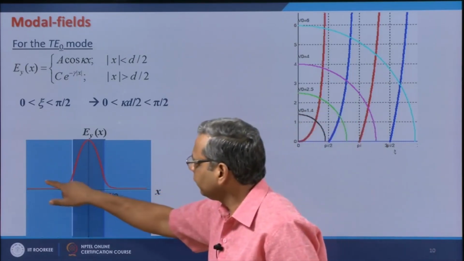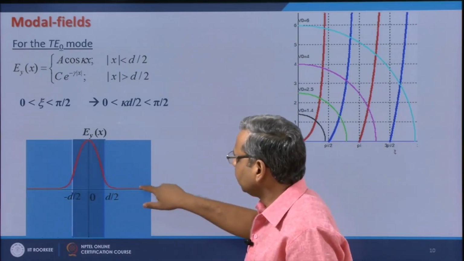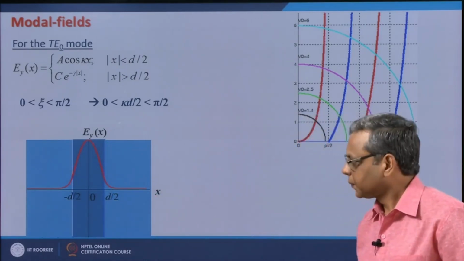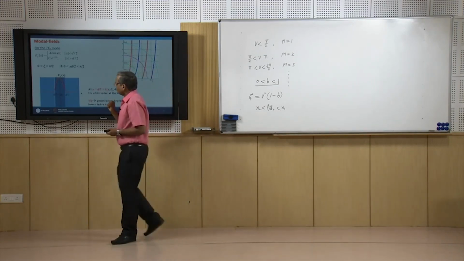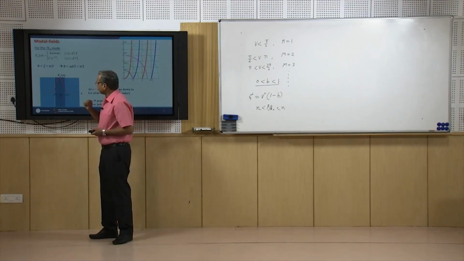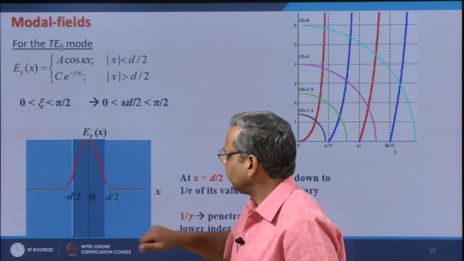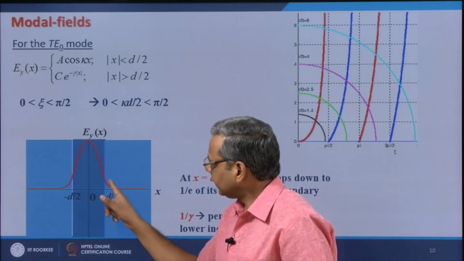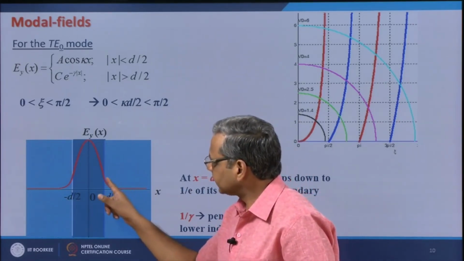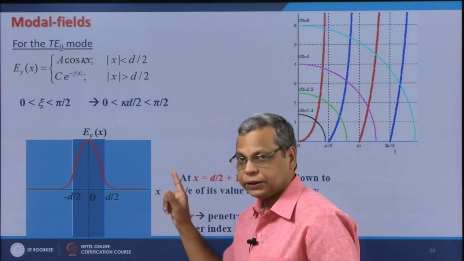So, I will have the modal field which would look like this. What I see is that there is an oscillatory solution here and a decaying solution here. The field extends to the lower index region also.